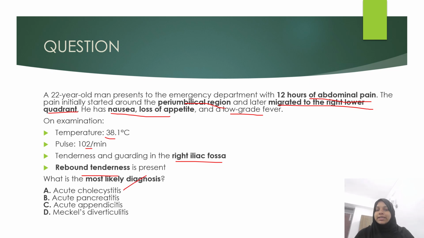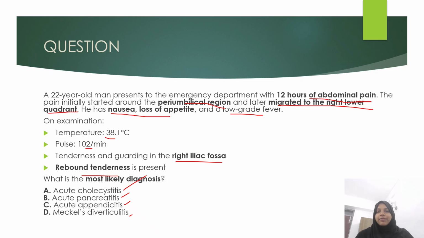So acute cholecystitis is mentioned. It's the pain over the Murphy's point, a sudden pain when you are palpating over the right upper quadrant. Pancreatitis, it's epigastric pain radiating to the back associated with vomiting. Appendicitis fits the diagnosis, right? Meckel's diverticulitis, again, you know the rule of two, we'll discuss that.